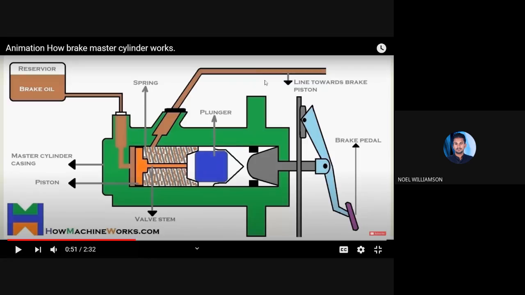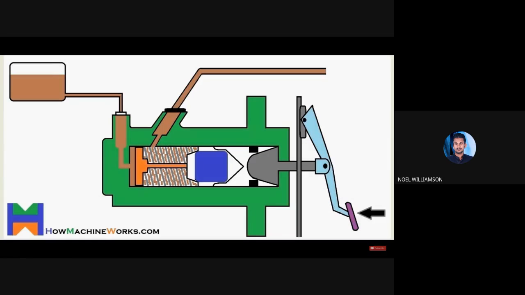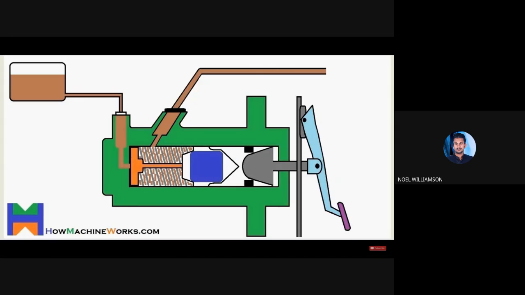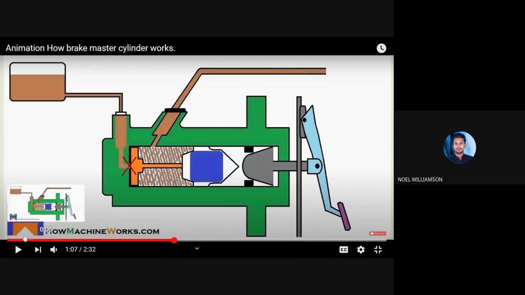These are the line towards the brake and the brake pedal. Let's see the animation. So when I'm stepping on the brake pedal, it moves inside, and when it moves inside, the piston goes and closes the port which is connected towards the reservoir. So it gets closed and no further.